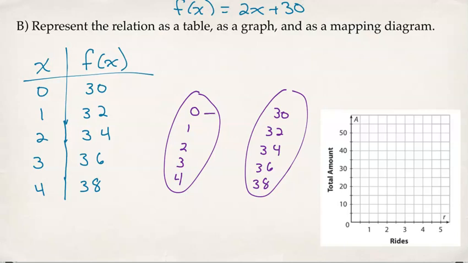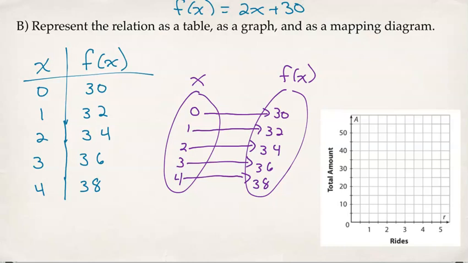So 0 rides goes to $30. 1 ride goes to 32. 2 rides goes to 34. 3 to 36, 4 to 38. So each element of my domain, my x values, gets mapped to an element of my range, my f of x values.